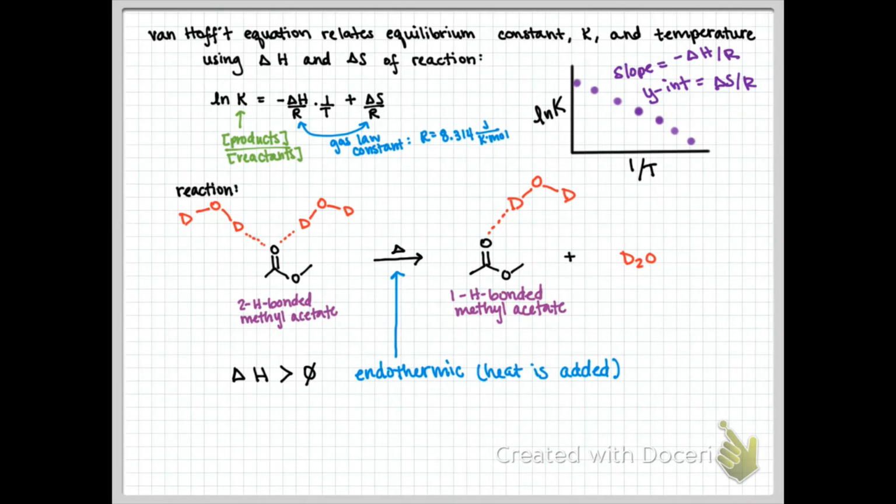This should be endothermic because we're adding heat in order to break that intermolecular force. And delta S should also be greater than 0 because we're going from one reactant in the solution phase to two products in the solution phase. Because these are all in the same phase, their entropy should be similar. So if we're going from 1 to 2 free bodies in the same phase, we will have an increase in entropy.